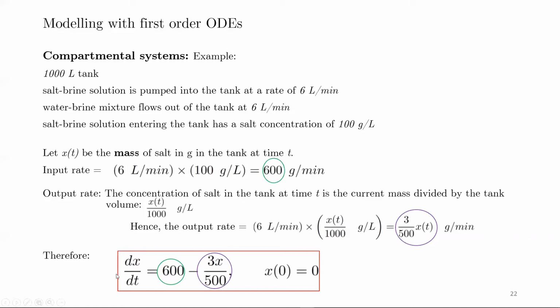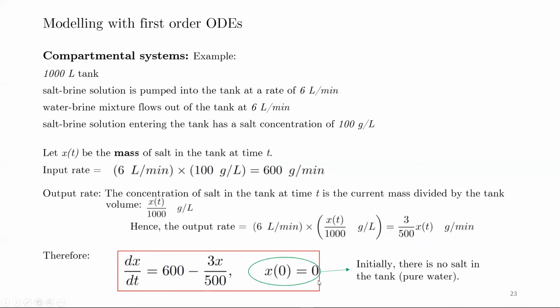So the rate of change of the salt in the tank is equal to the input rate, 600 grams per minute, minus the output rate, 3x over 500 grams per minute, and our initial condition is there is no salt in the tank. So at time 0, the amount of salt in the tank is 0 grams. Because initially we have pure water.